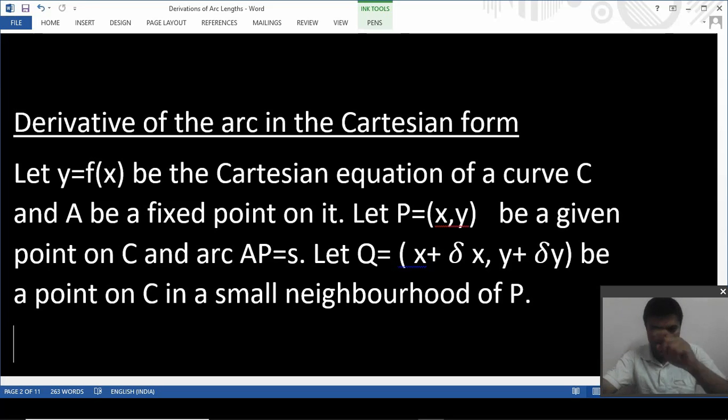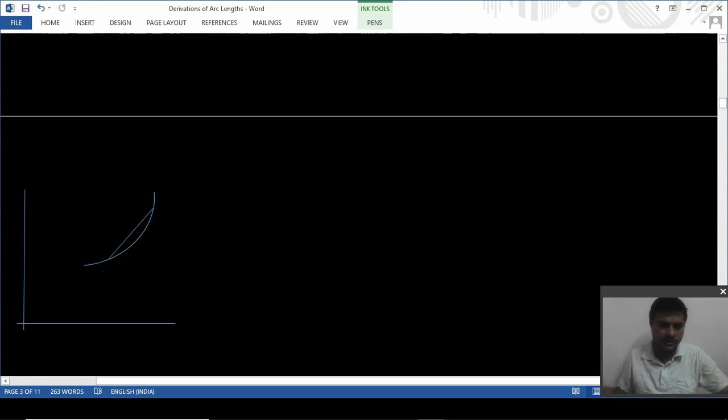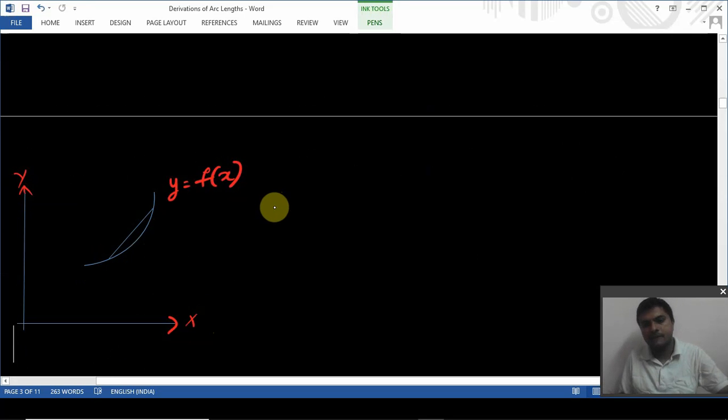Now draw this. Quickly take the x-axis, and this is our y-axis. I say that y is equal to f of x is a function.